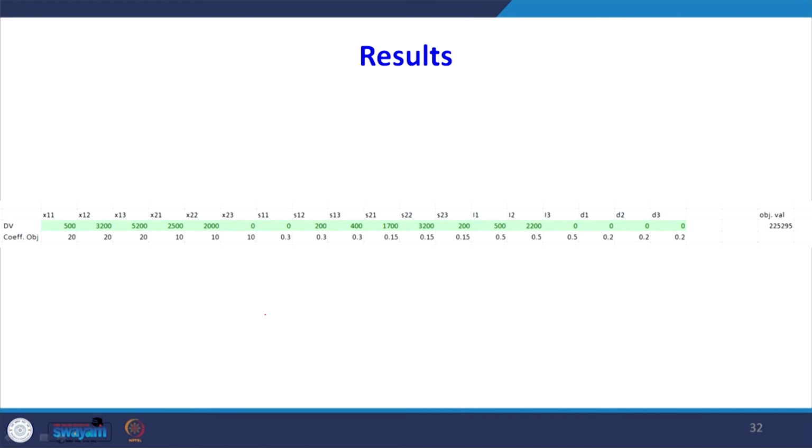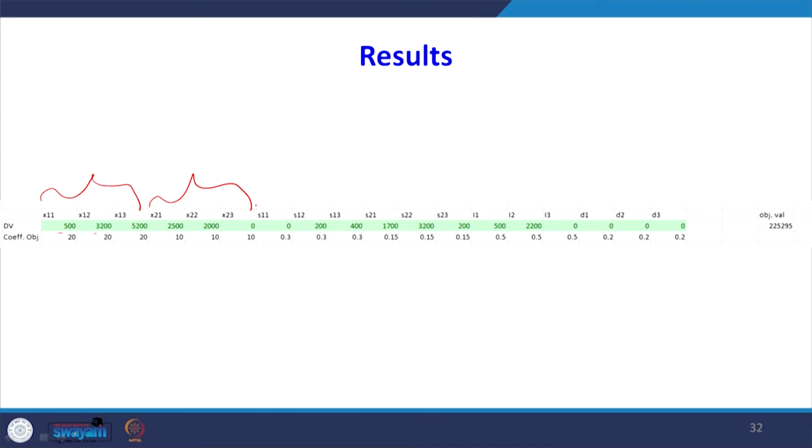You see there is product 1, month 1, month 2, month 3. This is the production schedule. Product 2, month 1, month 2, month 3.